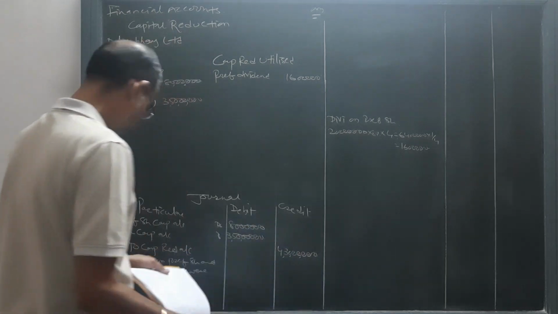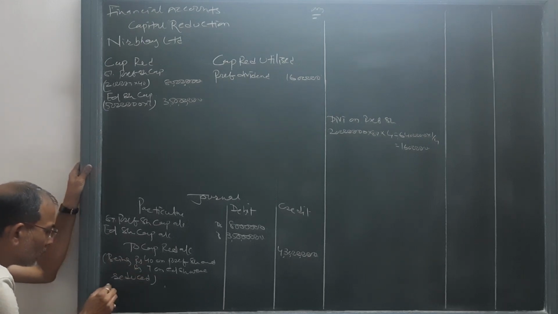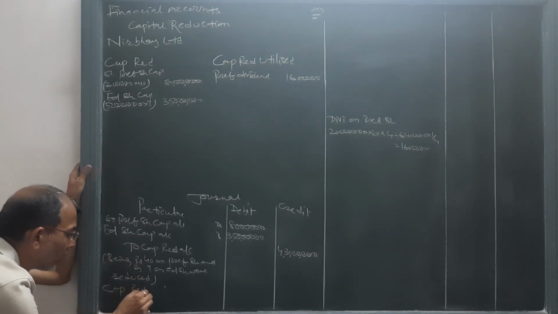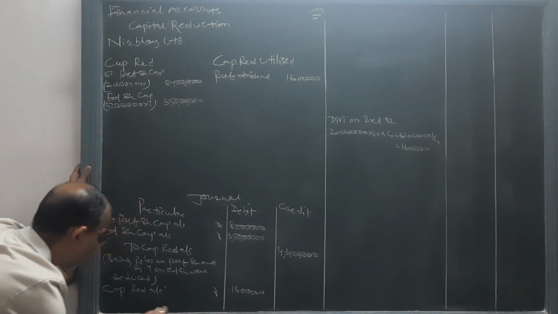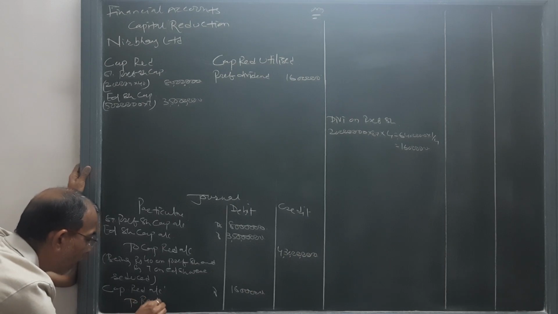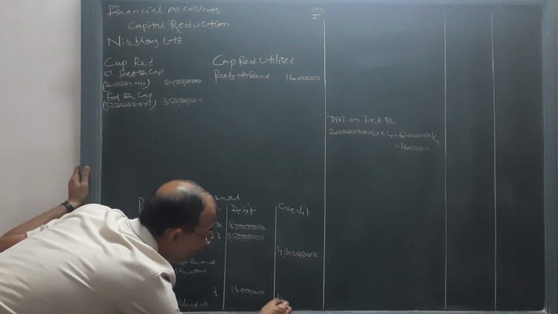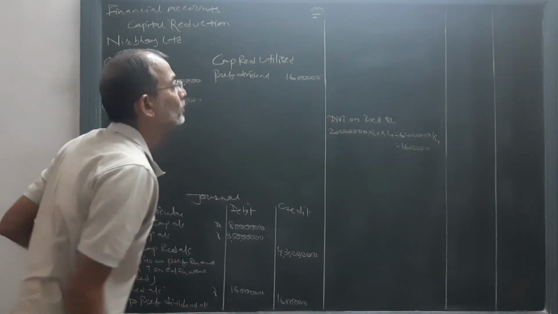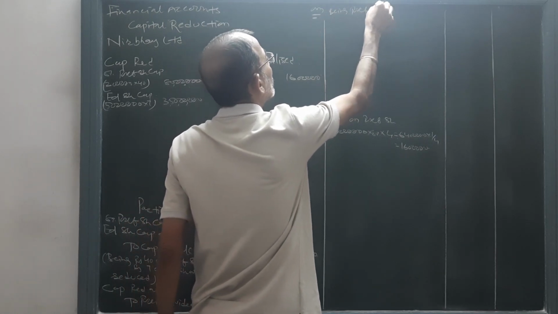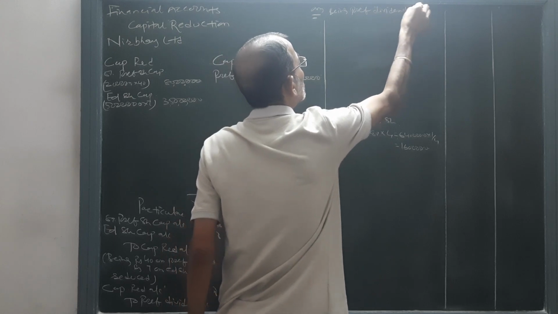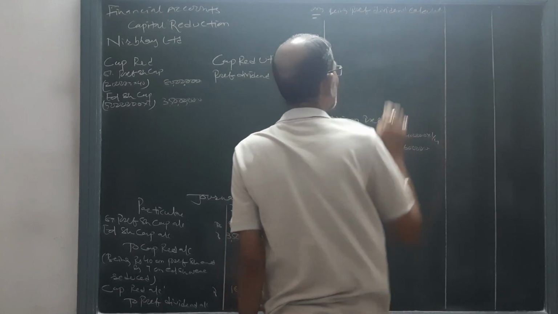Journal for this will be capital reduction account debit 16 lakh to preference dividend account, being preference dividend calculated.